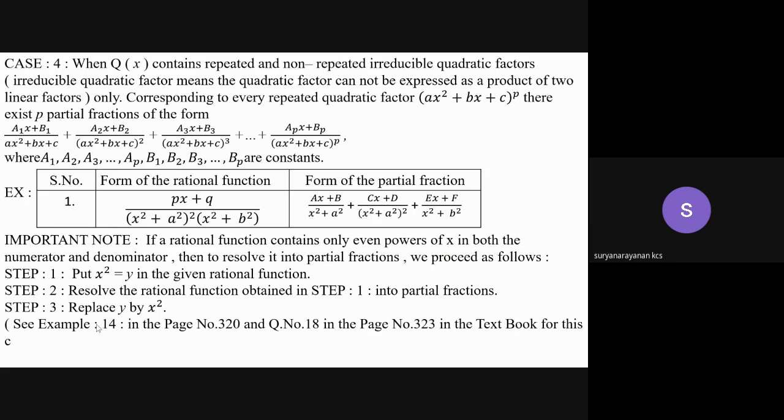These two questions are based on this important note. Okay, my children. This is the concept of exercise 7.5.